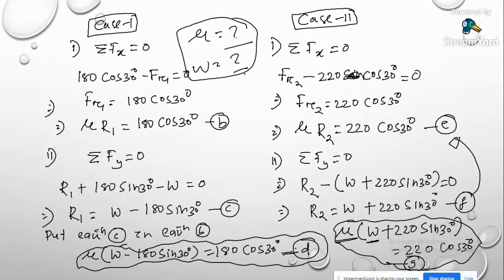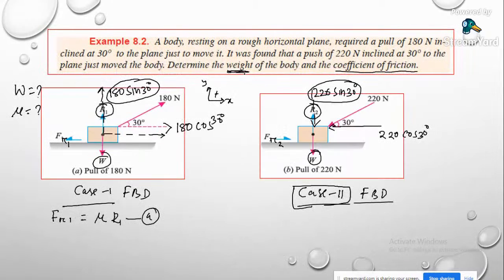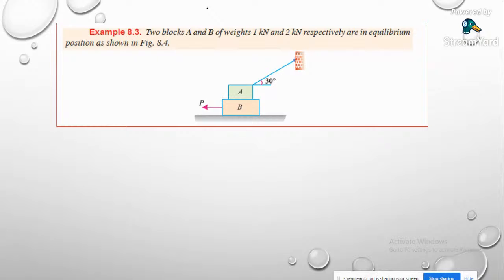This is the entire thing for today's class. In the next class we will talk about blocks in a stack, one block above another, another small block, subjected to a horizontal load. I will talk about that tomorrow.